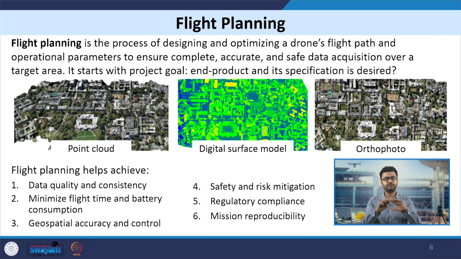And finally, with flight planning, we can save it all as a file which will help us in reproducing the mission, let's say after 6 months or after 1 year when the mission may need to be repeated.